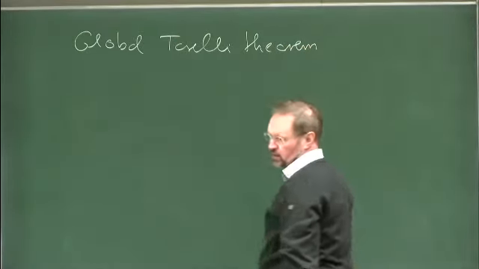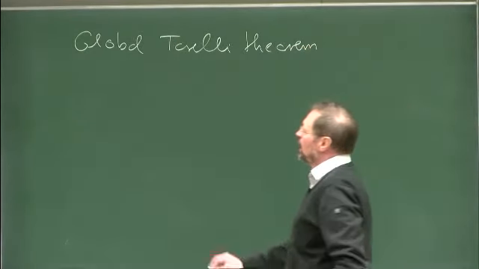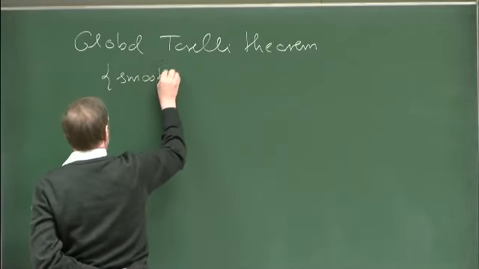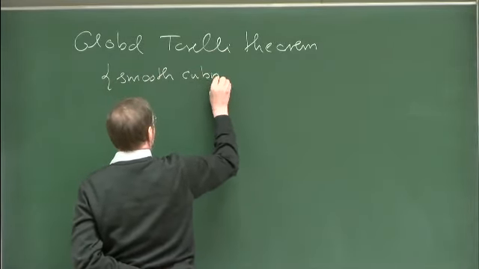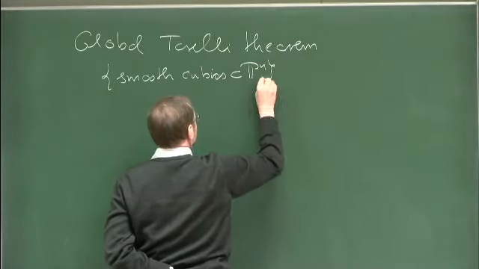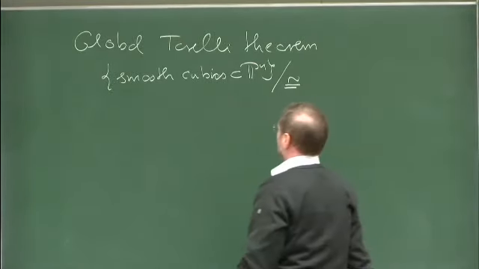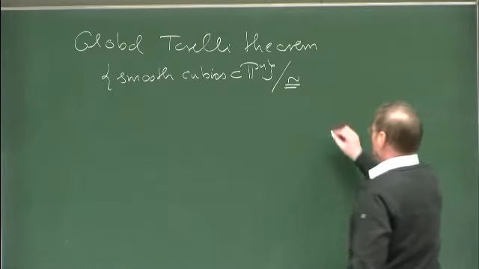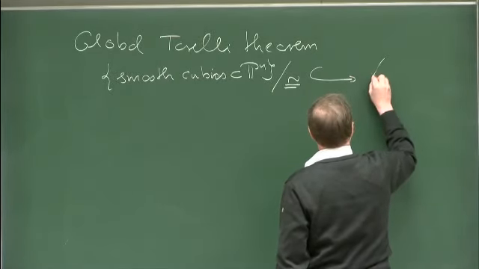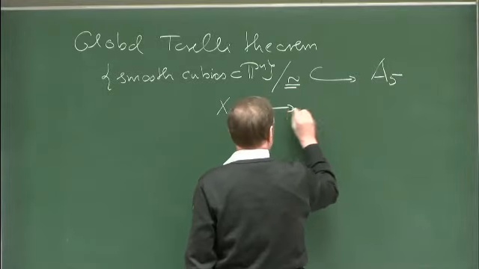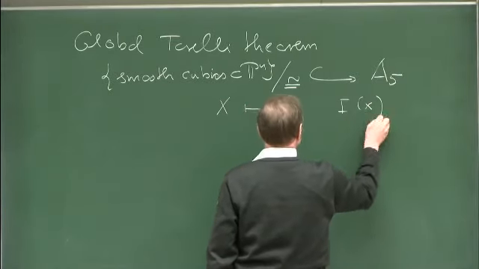This means that if we look at the smooth cubics in P4 modulo projective isomorphism, we can embed it into A5 by sending x to I of x.